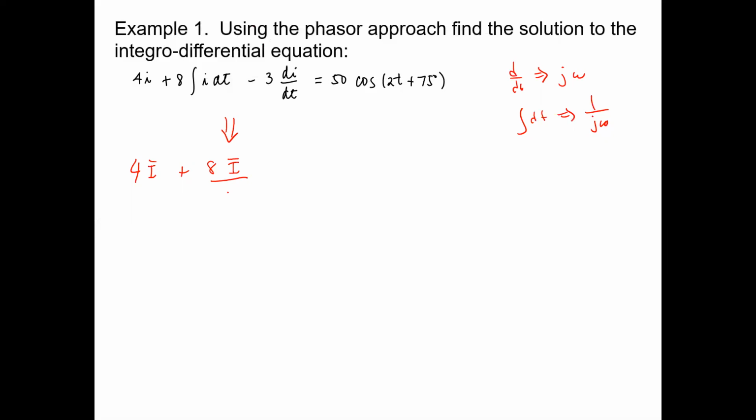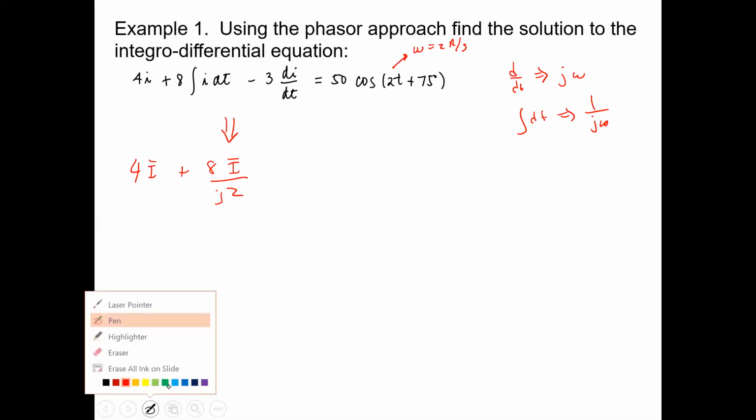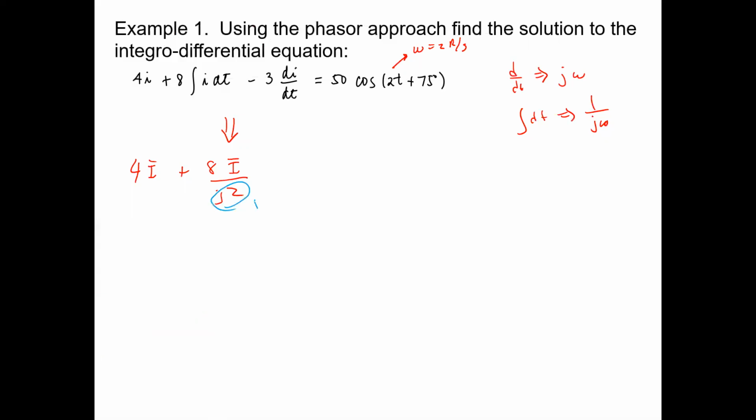I'm confused. We're not going to do this much, but I don't know why there's a j. Omega is 2, so this means omega equals 2 radians per second. So it's j omega, j2, and you can circle this and just put j omega there.